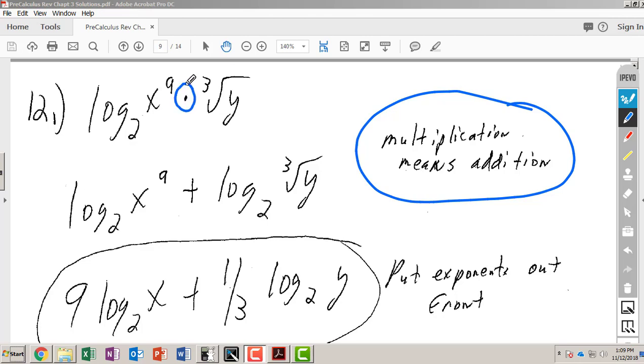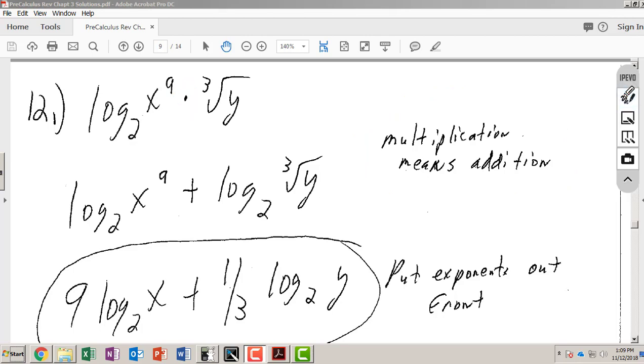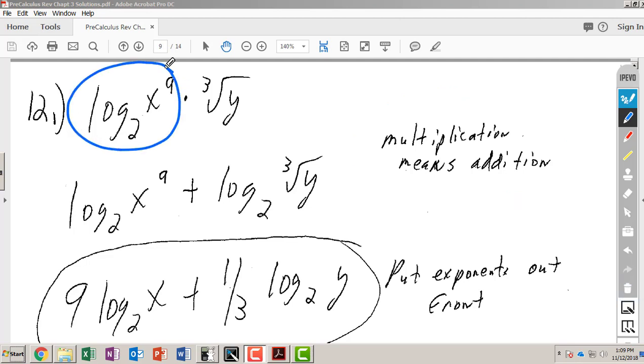Separating this out, I get log base 2 of x over 9, and I'm going to rewrite that as log base 2 of x minus 9. Then I have log base 2 of the cube root of y.